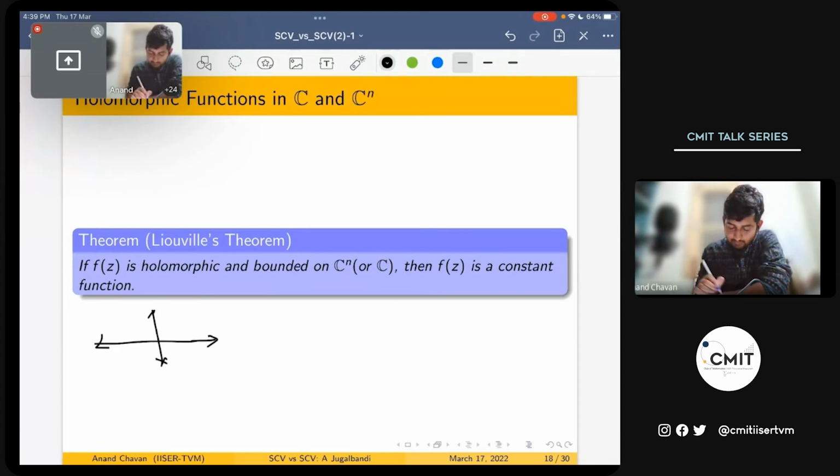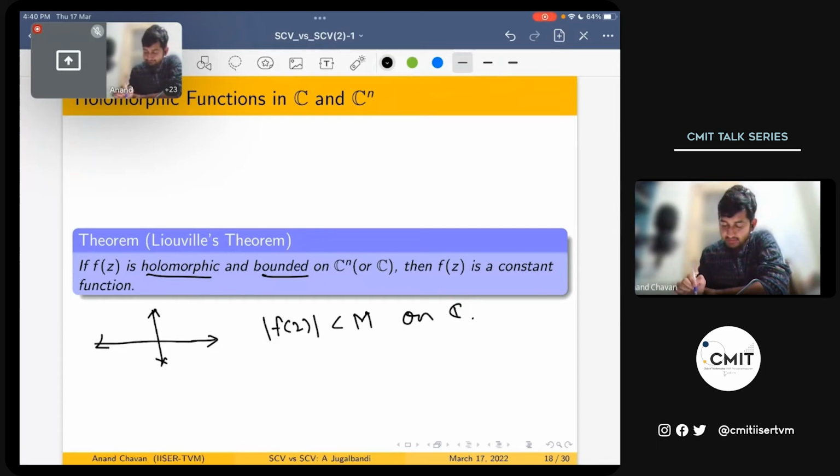I have a complex plane, and if my function is holomorphic on all of the complex plane, and the function f of z is bounded on the complex plane, then my function is a constant function. If these two properties are satisfied, which is holomorphic on the entire plane and bounded on the entire plane, then my function is constant. This theorem is true for both Cn as well as C.